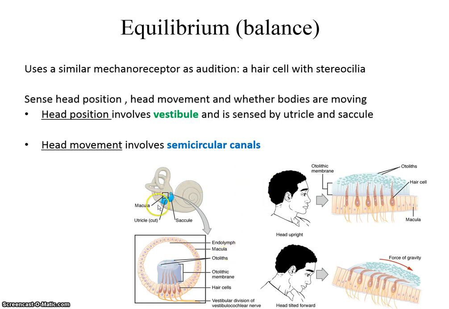It turns out that in the vestibule, you still have the bony labyrinth, the outer part, and of course the membranous part, which is composed of this macula here. And we are going to again move the hair cells in response to gravity, and that tells us the position of our head according to which cells get excited.